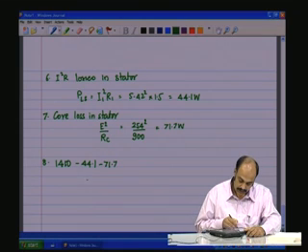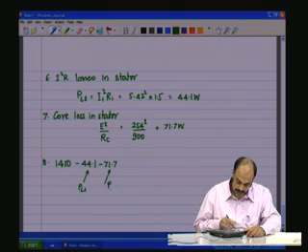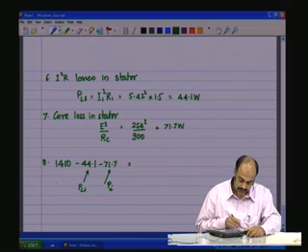This is the stator I square R loss, and this is the core loss or the iron loss in the stator, and the power available at the rotor from the mechanical side is equal to 1294 watts.